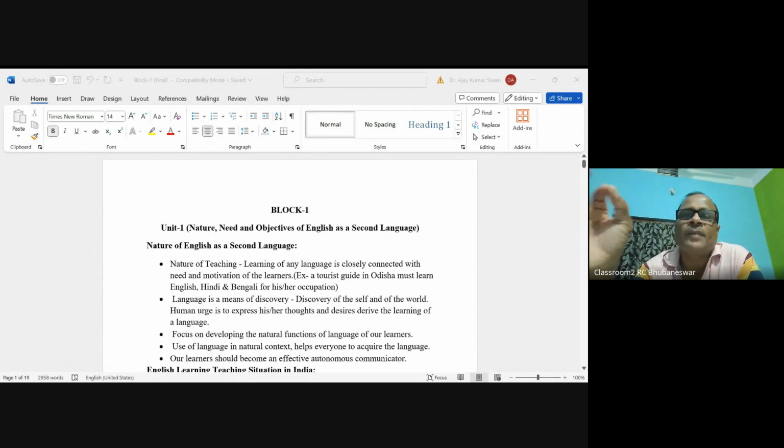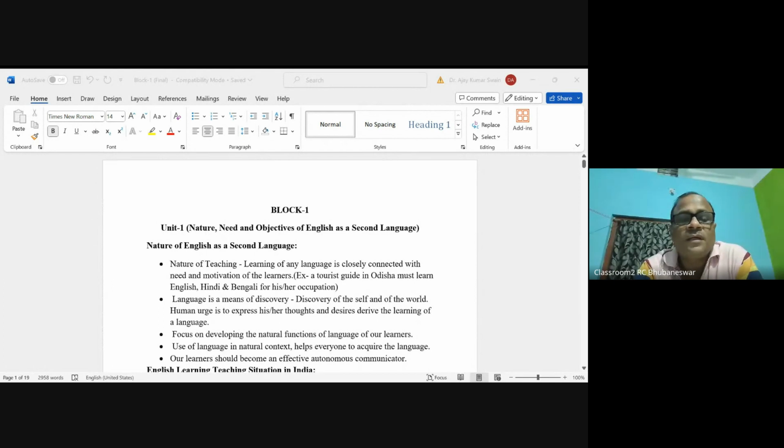So it is the common phenomenon. But English as a language, we are teaching, we are learning as second, and most of the teachers are not adopting or following the right approach or methods or techniques while teaching English, so the result is negative.